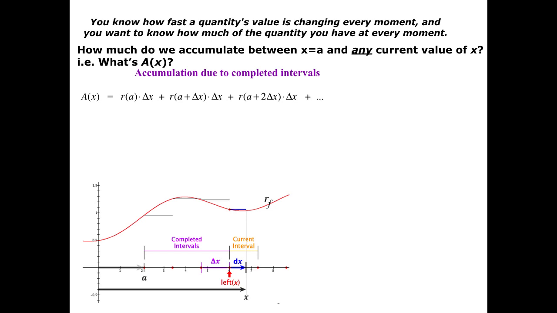You can see it written here as plain r, our fake rate, or since we're only using key points that match the exact rate function, we can use r sub f, also the exact curved rate function, as long as it doesn't have a variable inside the parentheses. R at the left end of the interval versus r sub f at the left end of the interval is the same value. That's the value we're using throughout the interval.